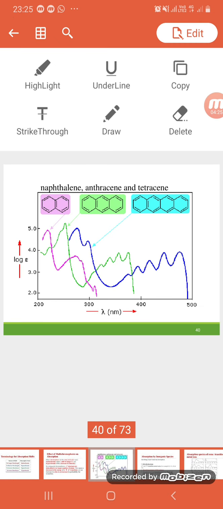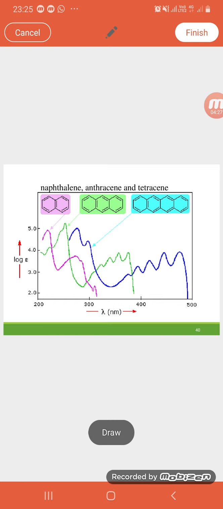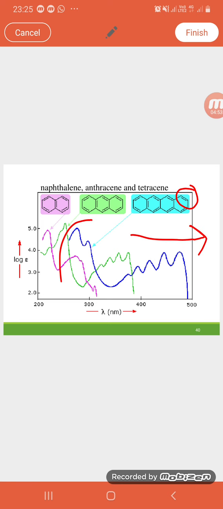Okay, let's see here. Naphthalene, anthracene and tetracene. Okay, with the addition of the chromophore, C double bond C, the spectrum, the blue one, will shift to the longer wavelength, red shift, and at the same time the absorbance is higher.